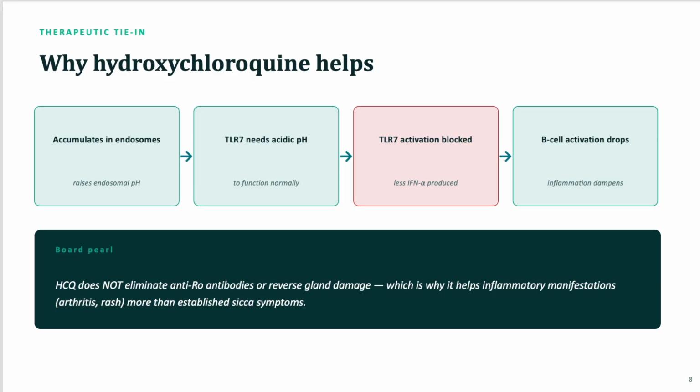So this, in turn, reduces type 1 interferon production, it decreases autoreactive B cell activation, and dampens the entire inflammatory cascade. But just remember, it does not eliminate anti-Ro antibodies or reverse gland damage, which explains why it often helps inflammatory manifestations like arthritis, but it doesn't really do much for the SSA symptoms.